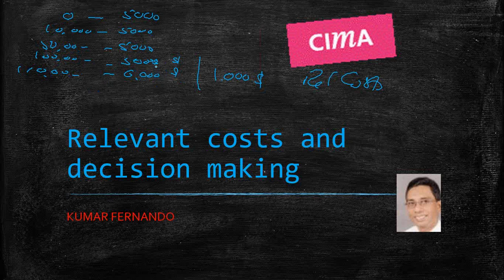In other words, whether you sell or not, I have promised you 6,000 now. Whether you sell 110 doesn't matter. It's already a promised or incurred one. I have already given you. So in that case, it won't become relevant for my decision, because whether you sell 100 or 110 or 120 or 190, still you get 6,000.